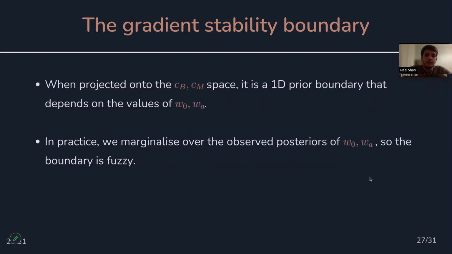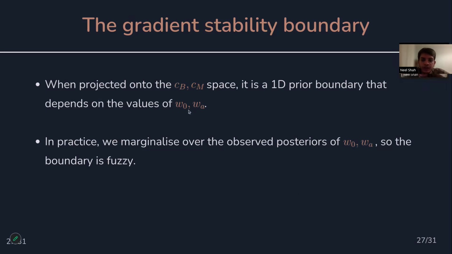But when we look at a 2-dimensional posterior, like that of CB and CM, this restriction gets projected onto this two-dimensional space. And here it would be a one-dimensional cutoff, or a one-dimensional boundary, which depends on the value of W0 and WA. But we are not fixing W0 or WA.